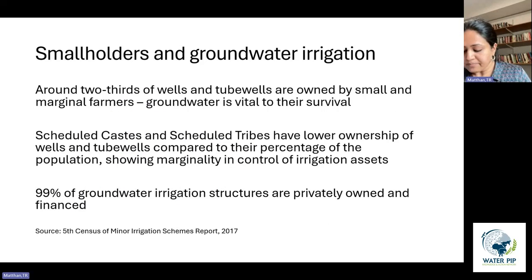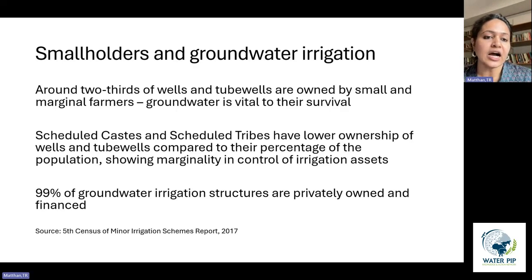So how do smallholders fit into this picture of expanded groundwater irrigation? If we look at available data, around two-thirds of wells and tube wells are owned by small and marginal farmers in India. So you can see that groundwater is absolutely vital to the survival of smallholders.